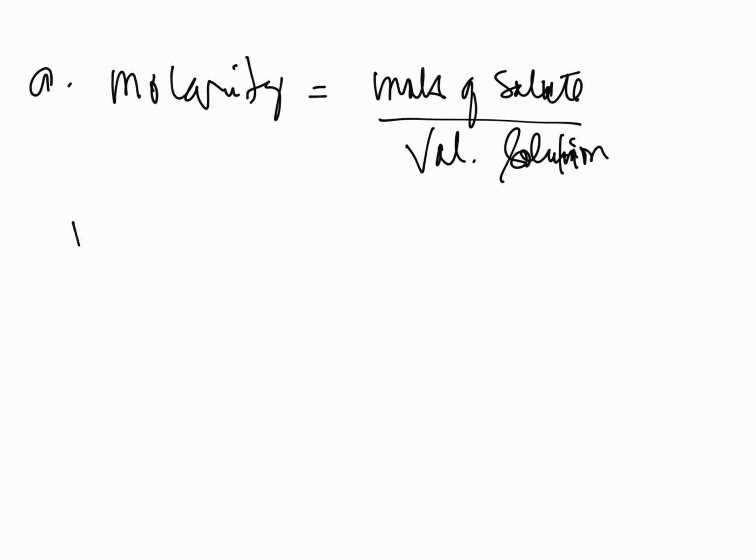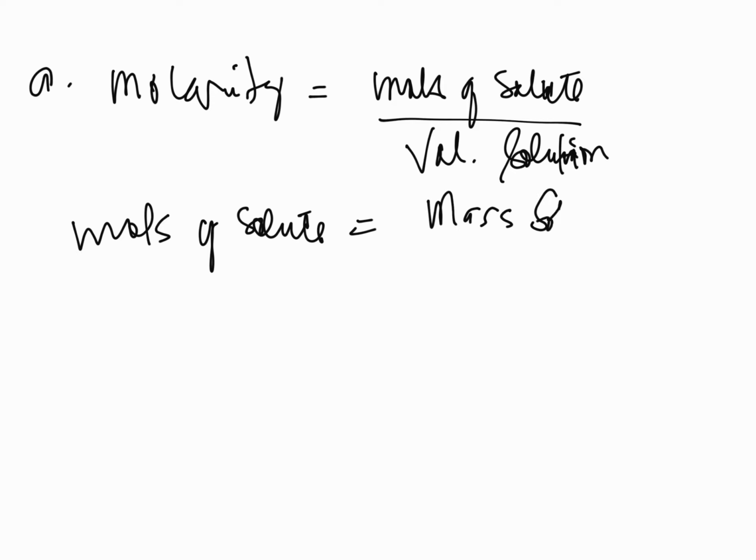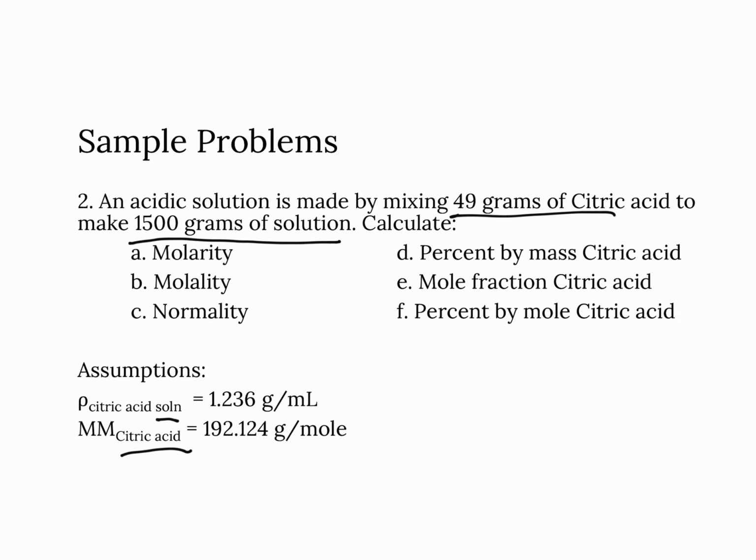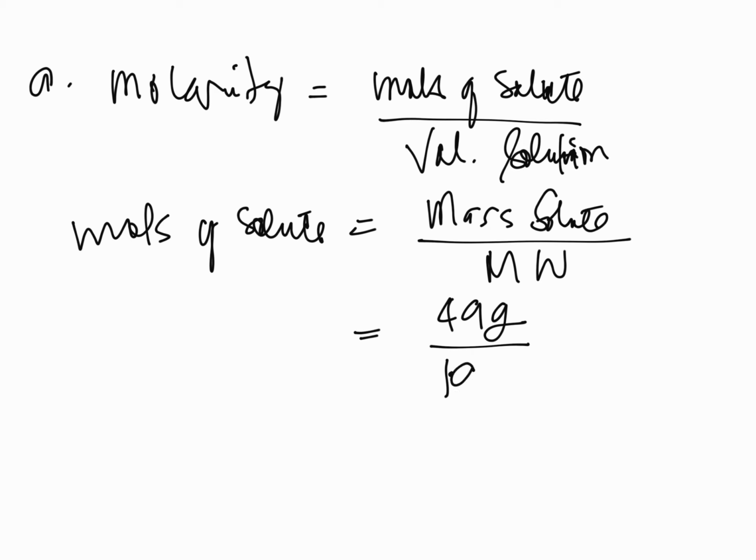Now, how do we get the moles of solute? That should be the mass of solute over the molecular weight of the solute. The mass of the solute will be 49 grams, and the molecular weight is 192.124 grams per mole.